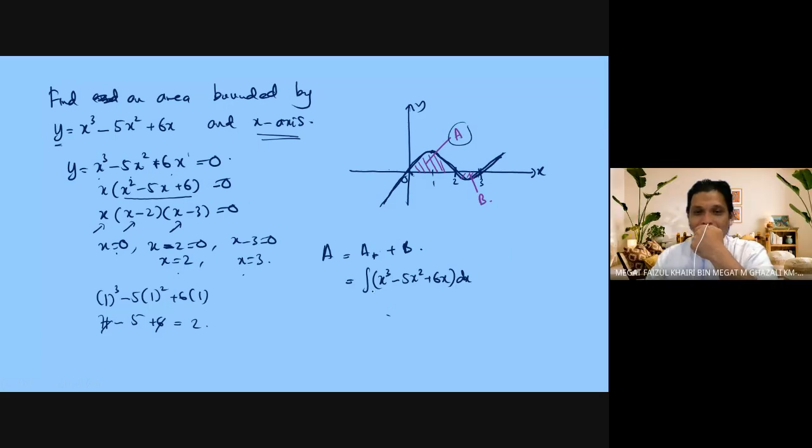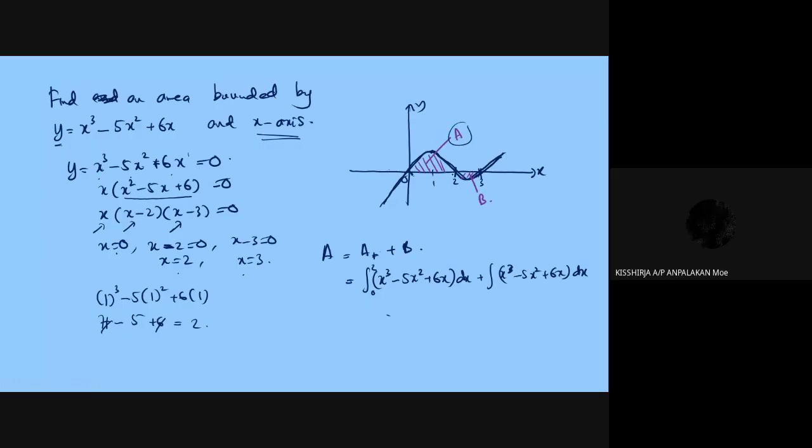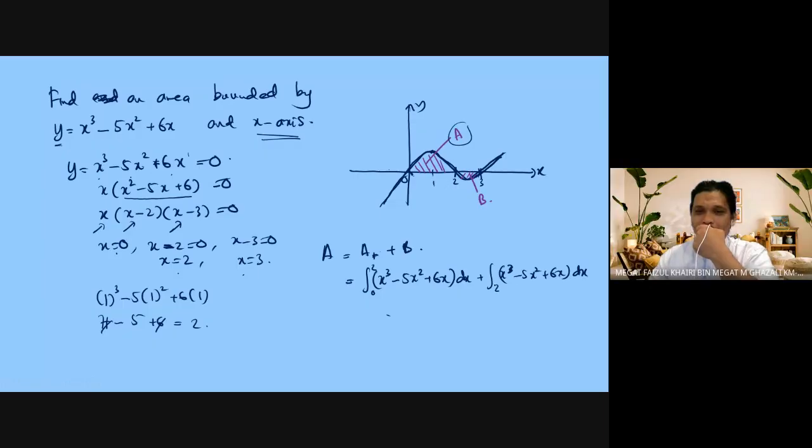Good. 0 until 2, plus, because we are dealing with the same function, again we repeat x cubed minus 5x squared plus 6x with respect to x, and the limit is from 2 to 3.